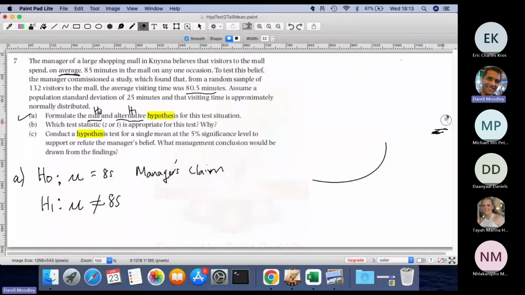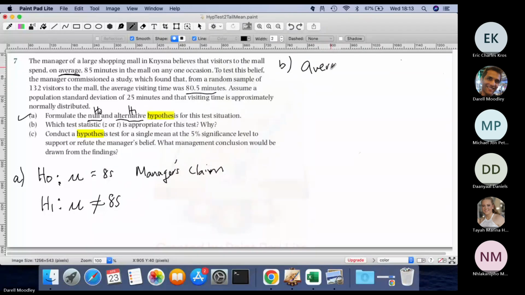So I'm just going to write that down now. Question B, are we dealing with averages? It is yes. And the next part that you need to look for is the sample size. Is the sample size greater than 30?